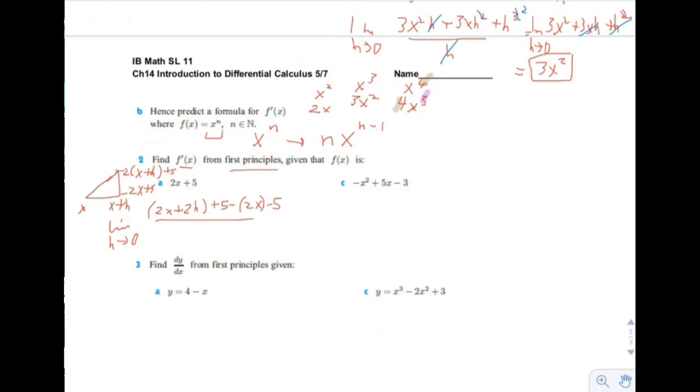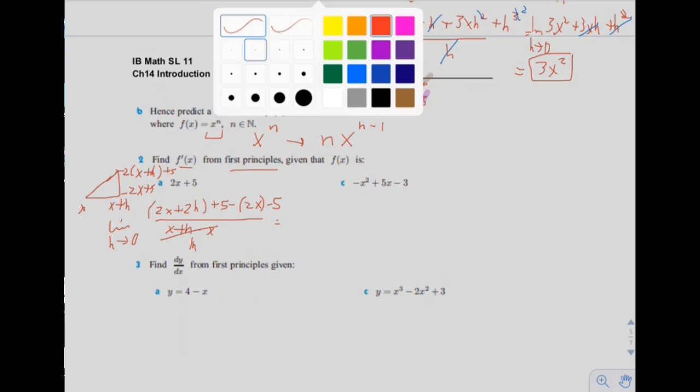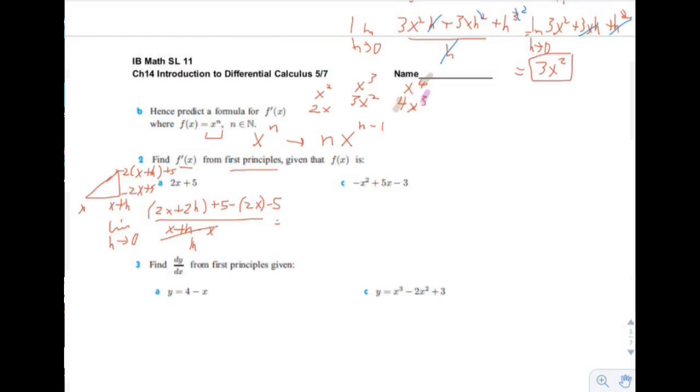I have to distribute the negative sign too, all over x plus h minus x, which of course is just h. So now on the top we're going to cross out the 2x's. 2x and 2x can be crossed out, right? 5 minus 5 can be crossed out. What we're left with in the end is 2h divided by h, which is just the same as 2.